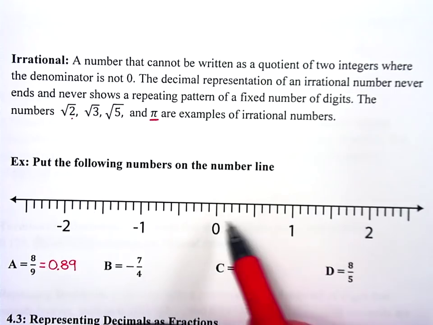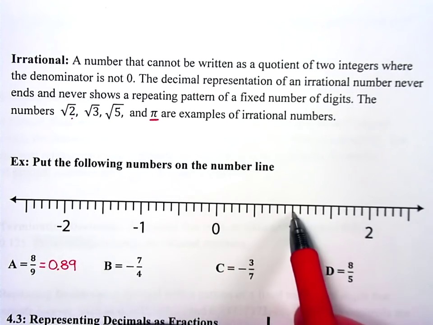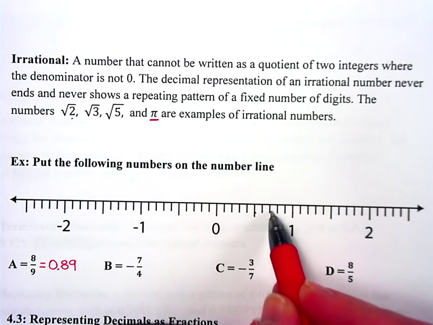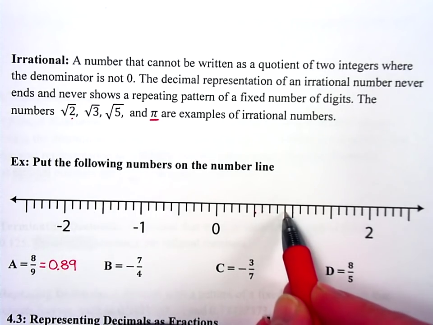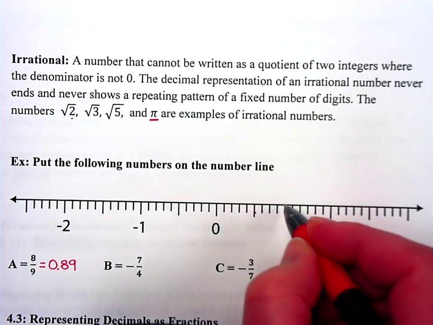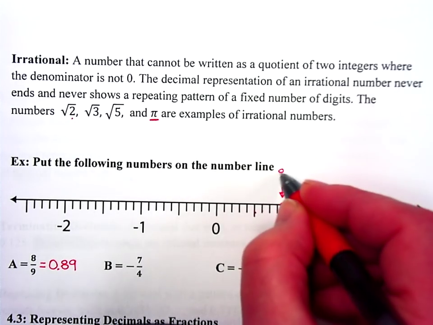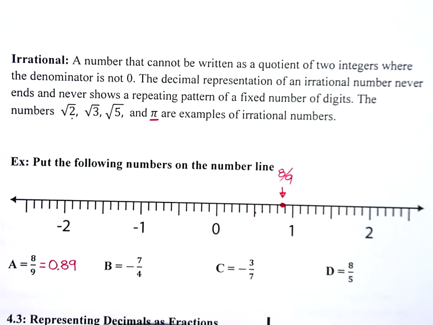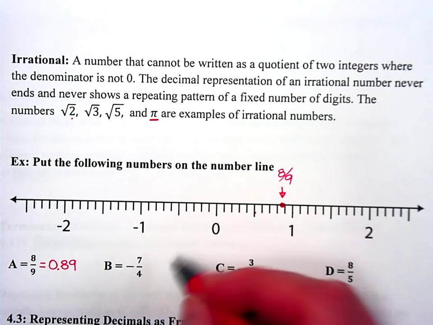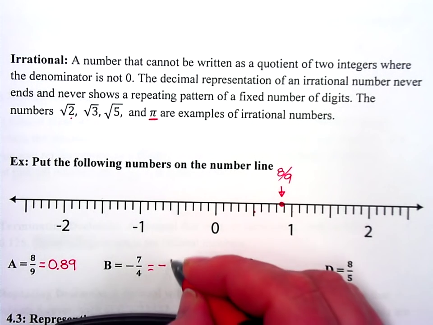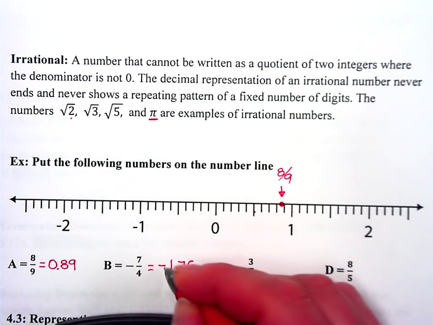Now on a number line that would be between 0 and 1 because it's positive. This is 0.5, 0.6, 0.7, 0.8, that's 0.9. 8/9 would be somewhere there, very close to it. Next, -7/4 would be negative, and I take 7 and divide by 4, which gives me 1.75, but it's negative.